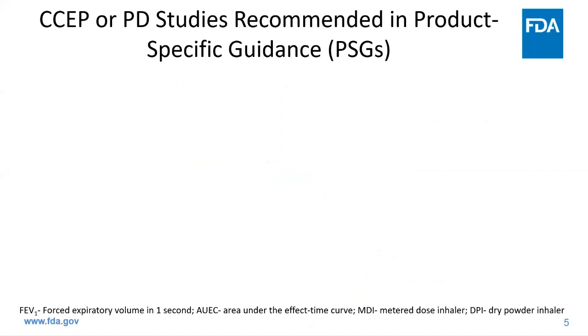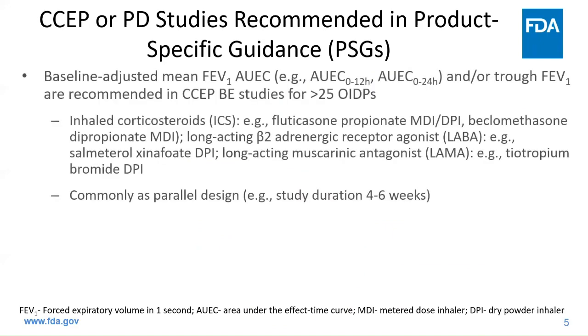FDA is continuously publishing PSGs. Based on the currently published PSGs, the baseline adjusted mean FEV1 AUEC, such as AUEC at 12 hours, AUEC at 24 hours on the first day, or the trough AUEC on the last day, is recommended for the majority of the orally inhaled drug products as the comparative clinical endpoint studies, including the inhaled corticosteroids, the LABA, and the SABA products.